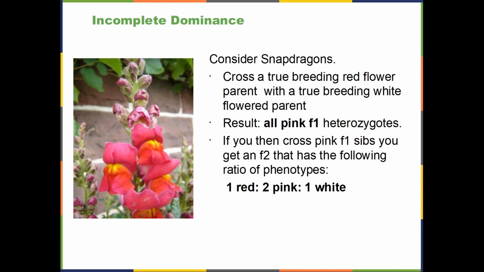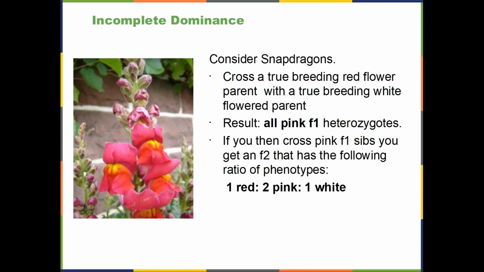We'll use big R and little r. All the big R, little r that you see, all 4 of them, or however many you get, they're all going to be pink. If you then cross the F1 siblings, you'll get an F2 that has the following ratio of phenotypes: 1 red, 2 pink, and 1 white.